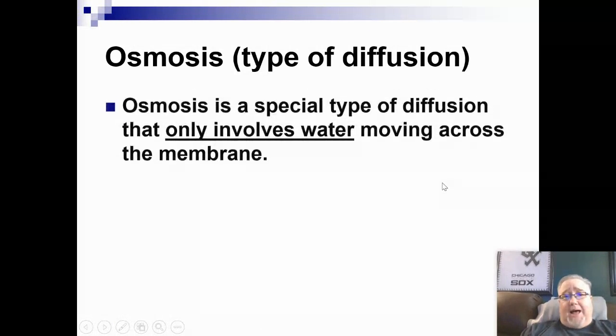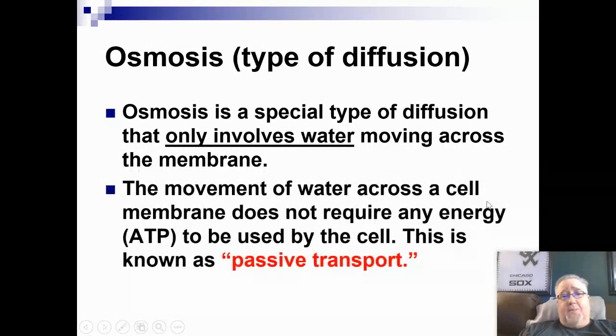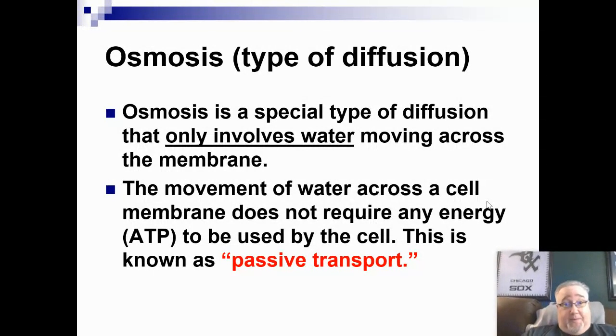Now, there's a term here called osmosis. Osmosis is basically a type of diffusion. And it's a type of diffusion that involves only water. So we're not talking about carbon dioxide. We're not talking about oxygen gas. We're not talking about proteins or whatever.